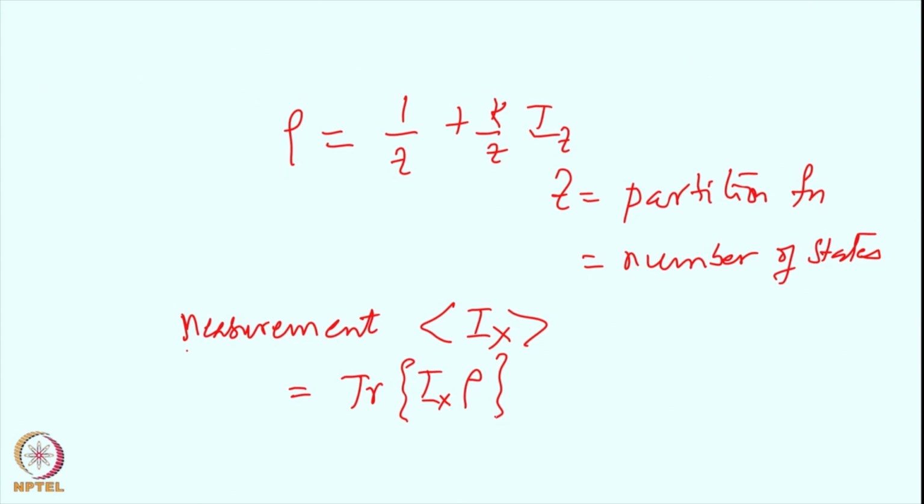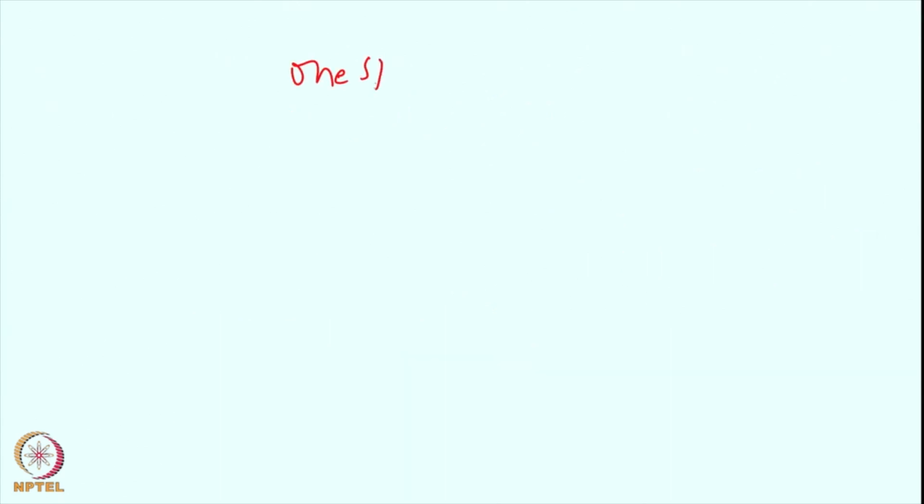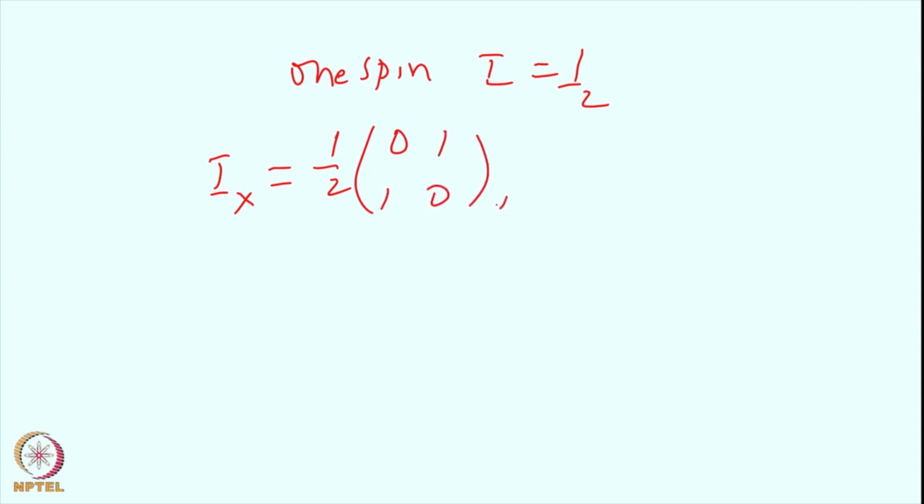Let us take a simple example here for a one spin system, I is equal to half. We derived the matrix representation of the Ix operator as half times 0 1 1 0, and the Iz operator is half times 1 0 0 minus 1.